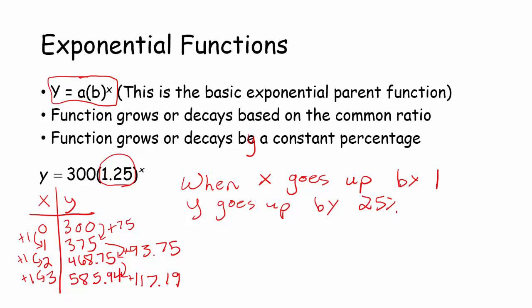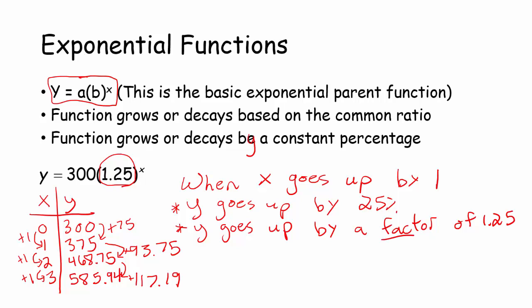So another way to phrase this would be to say, instead of saying when x goes up by 1, y goes up by 25%, you could say when x goes up by 1, y goes up by a factor of 1.25.